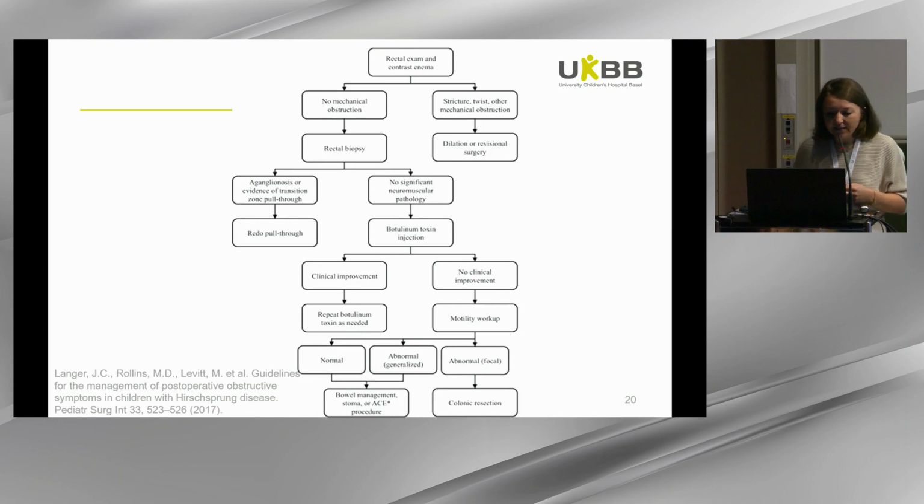So these are the guidelines for the management of postoperative obstructive symptoms in children with Hirschsprung disease. They were published by the American Association of Pediatric Surgeons, and I'm very happy that I don't see any myectomies or suggestions of myectomies in this, maybe yet. We do see that it's being suggested that they undergo a motility workup.